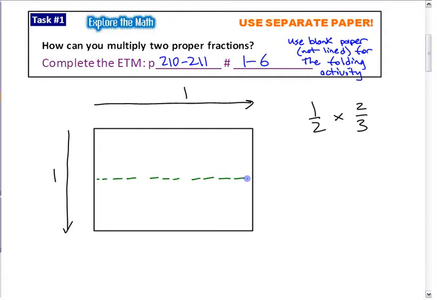Fold it so that the line is long on the paper. Fold it along the way I drew it up here. So you make 2 halves, right? Don't do the 2/3 yet, unless you're way ahead of the game here. Some of you are ahead of the game.